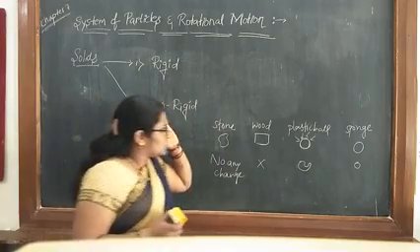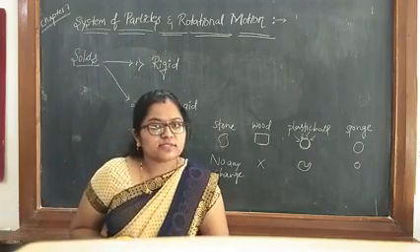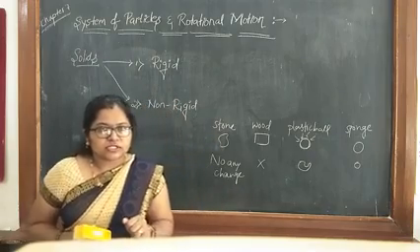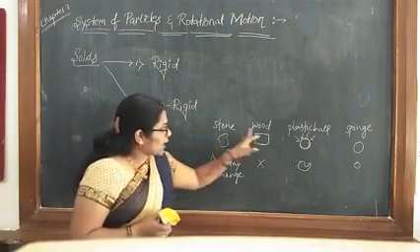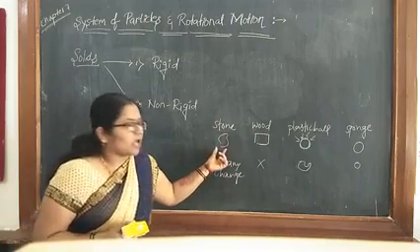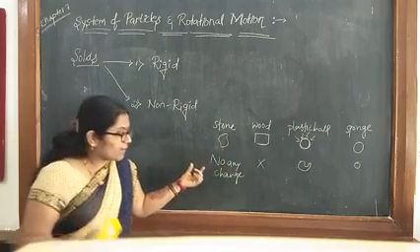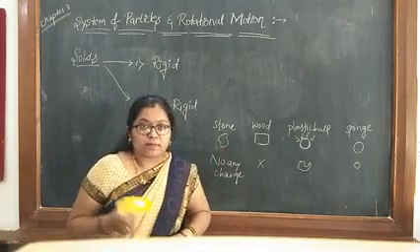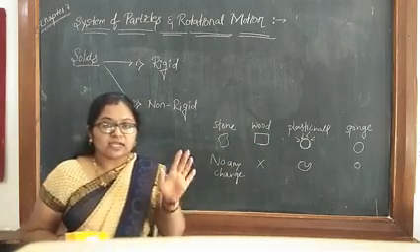Understood? By observing all these examples, can you frame the definition for rigid bodies now? Means if I am telling the stone and wood are rigid bodies, how is their nature? They are not showing any change in their size and shape by applying forces.